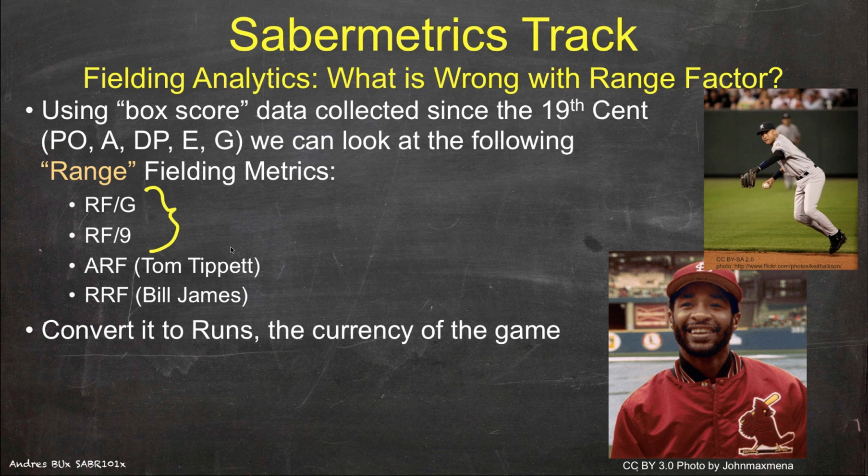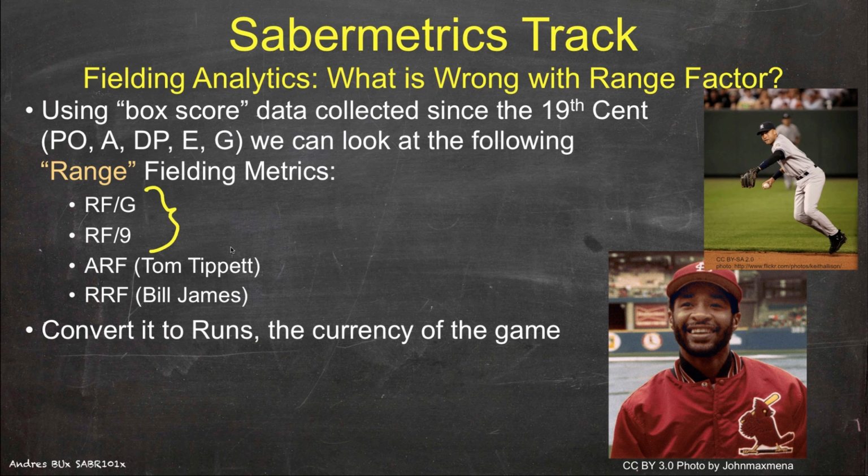So you wanted to convert the metrics themselves into a run value, so you could have a real run value of a fielder. Now, we've talked before about runs being the currency of the game, and there's no difference here.